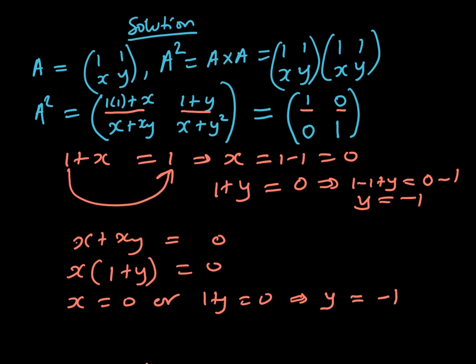But you also have this other part which says x plus y squared is equal to 1. X is 0, then y squared is equal to 1, and therefore y has the possibility of being positive or -1. In this case the y value which works is -1, because it's the one you are getting from the other solutions.